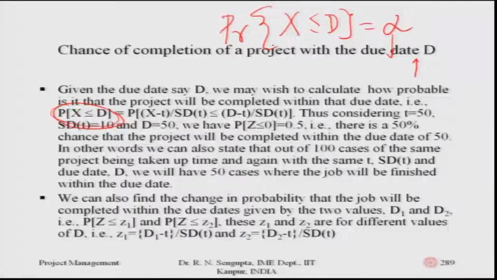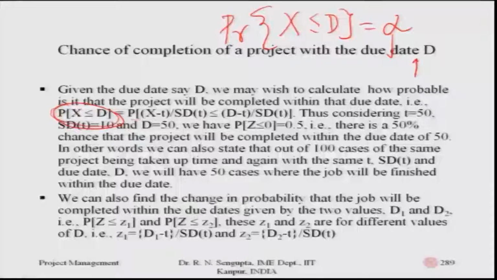So, if I consider x as the overall random variable depicting the time, and if I consider the central limit theorem to be true, then x would have a normal distribution with an expected value of t and the standard deviation as S d bracket t, or variance as calculated.